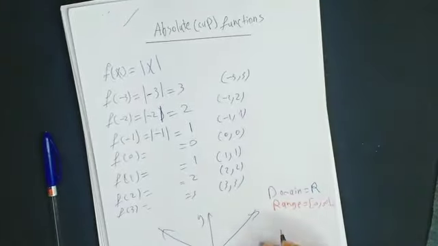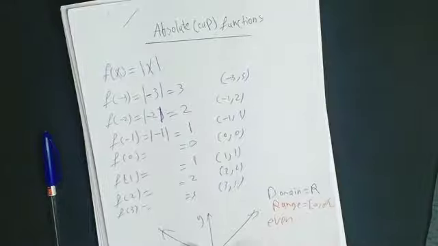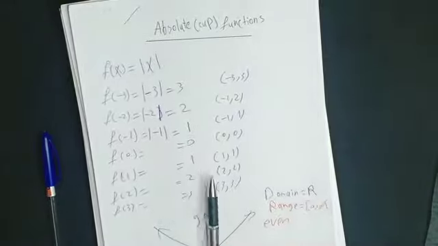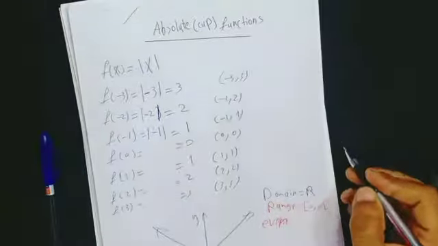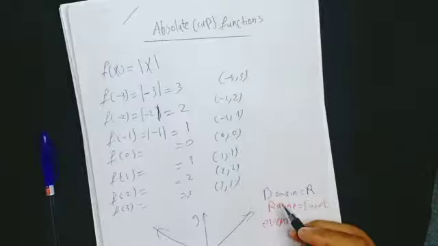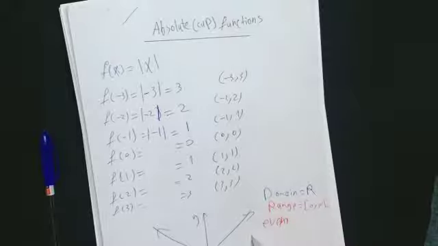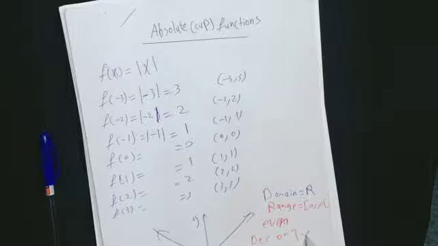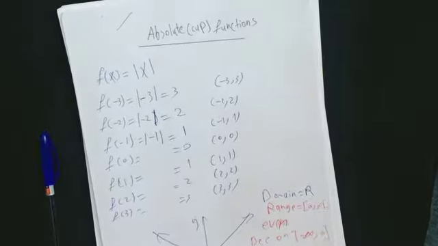Of course this function is even because it is symmetric about the y-axis. For monotonicity, or increasing and decreasing, this function is decreasing on negative infinity to 0. It is increasing on 0 to infinity.